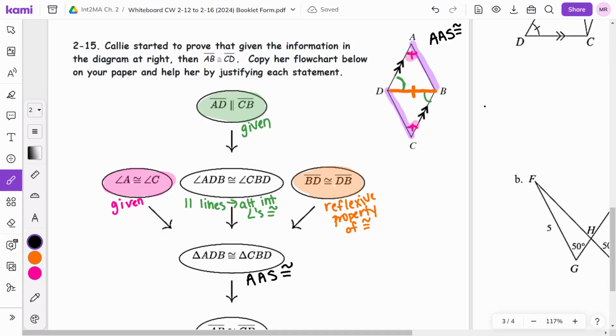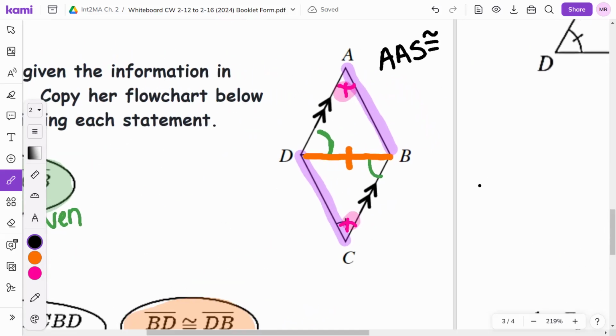We proved that these triangles are congruent, but that's not what they asked us. They didn't ask us to prove that the triangles are congruent. They wanted us to prove that this purple line segment was congruent to this purple line segment. I don't have enough from the picture to prove that.